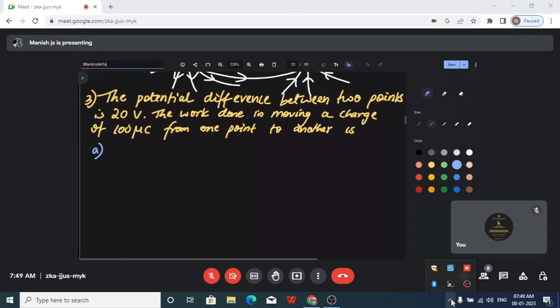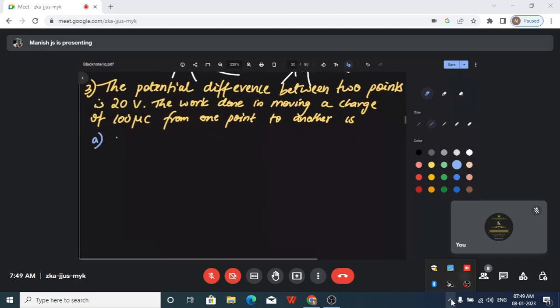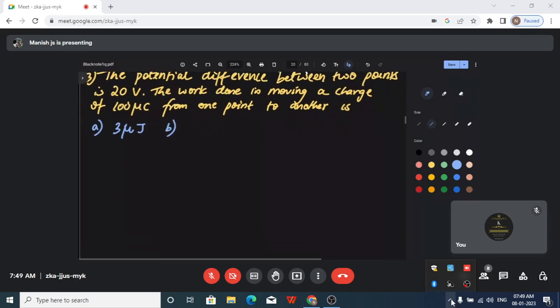Option A, 3 microjoules. Option B, 2 decijoules. Option C, 2 joules. And option D, 2 millijoules.